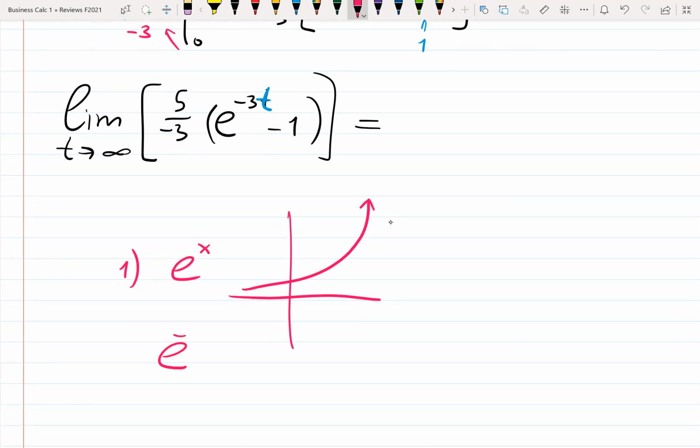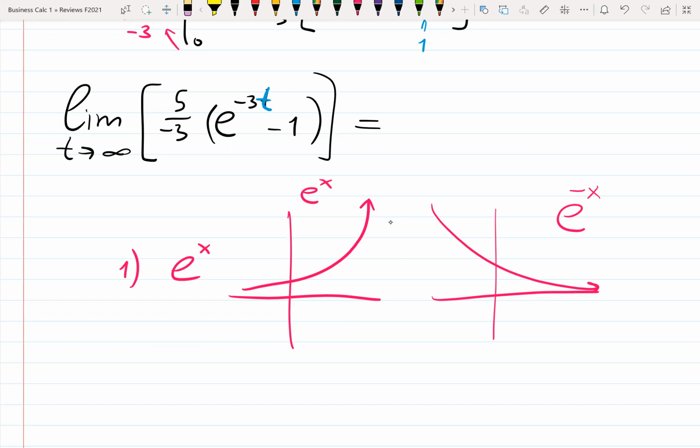But e to the minus x at infinity now decreases. So this is one of the ways to see it. Okay, so I will do it like so. e to the minus x, e to the x at infinity. x goes to infinity. So this way we know that this shrinks to 0.